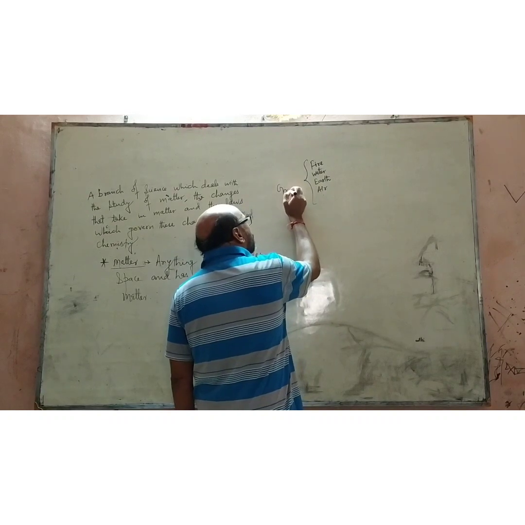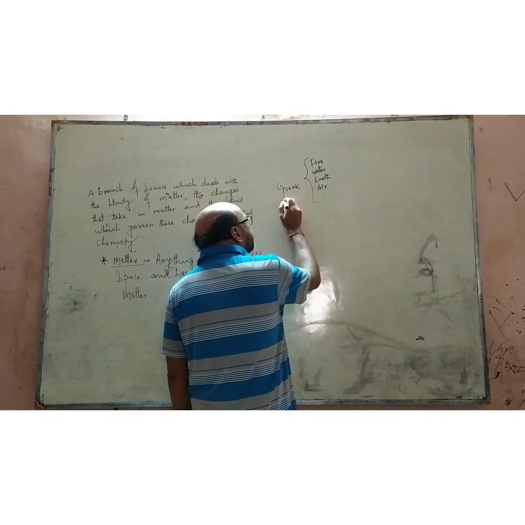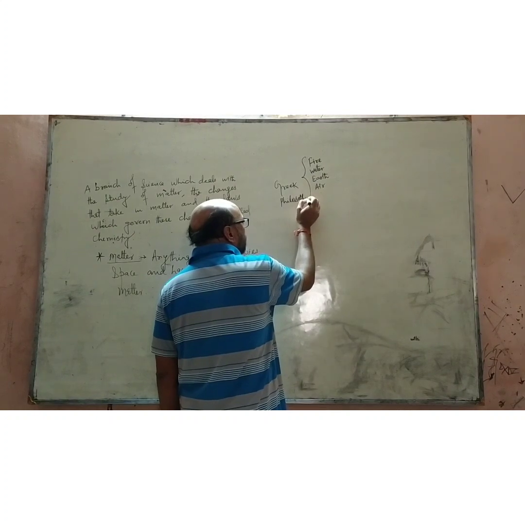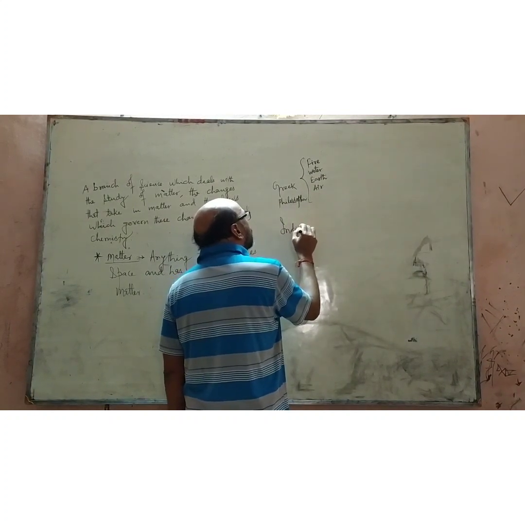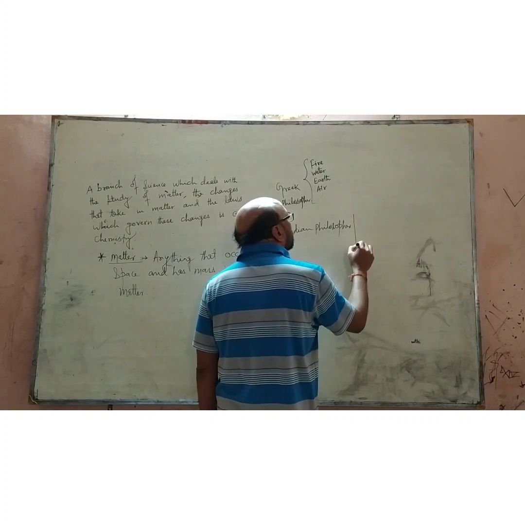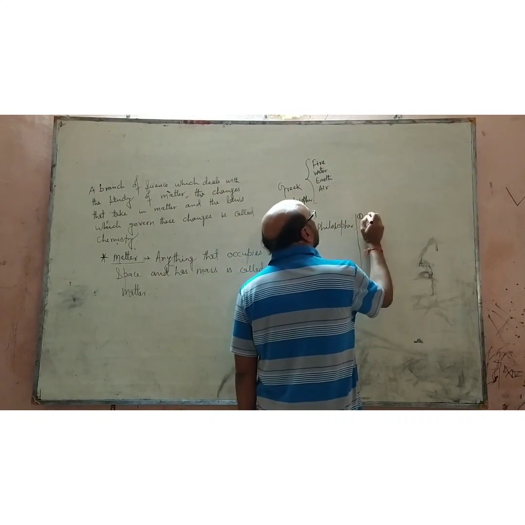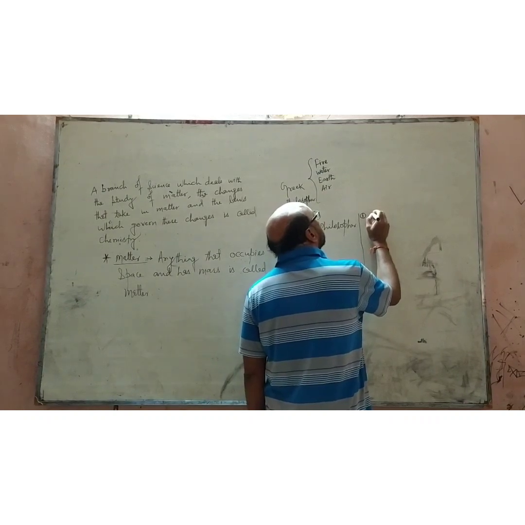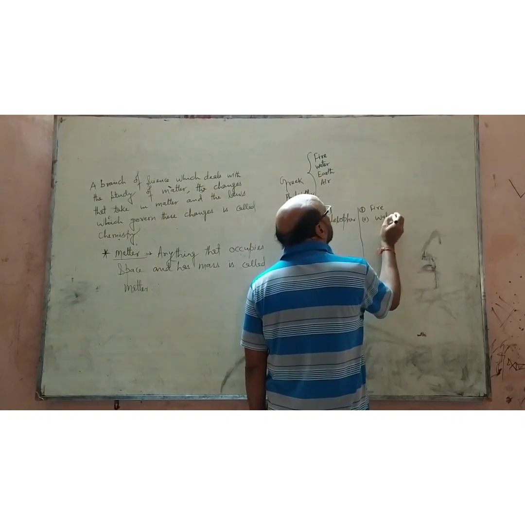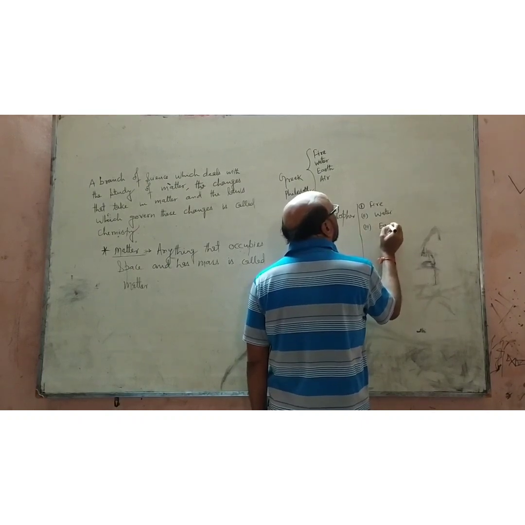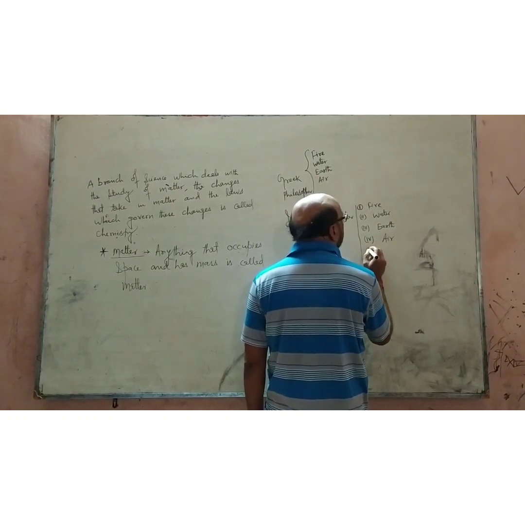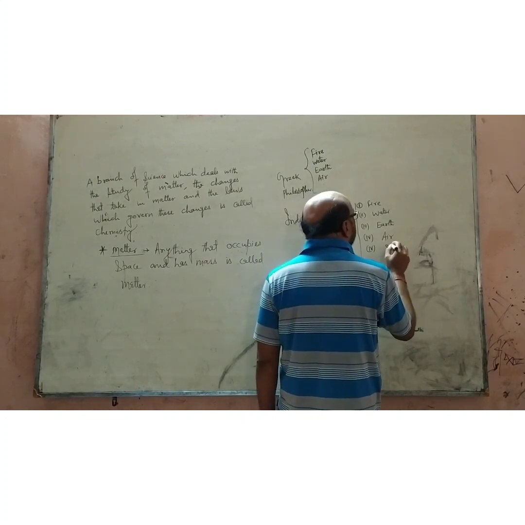According to Greek and Indian philosophers, the basic elements of matter were fire, water, earth, air, and sky.